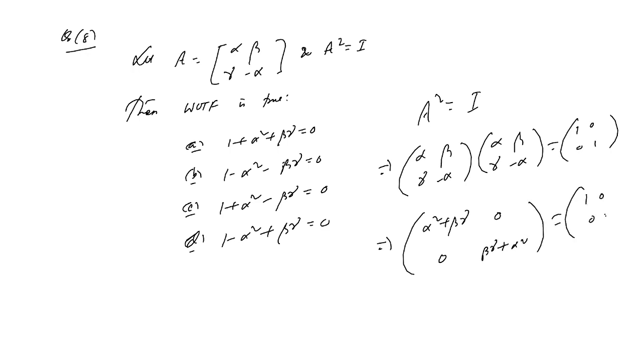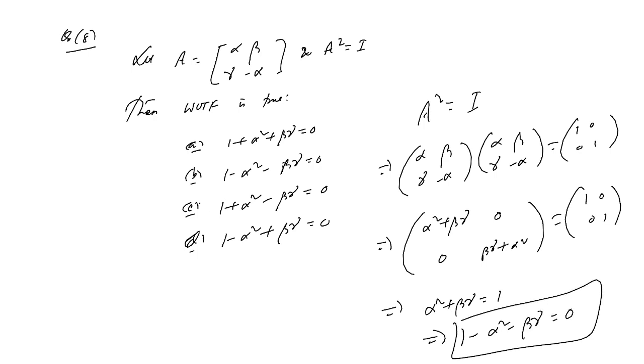That will be [1, 0; 0, 1]. You just take the equality of these two matrices. So alpha square plus beta gamma equals 1. That means 1 minus alpha square minus beta gamma, that value will be 0. So option B is correct, 1 minus alpha square minus beta gamma, and all other options are false.